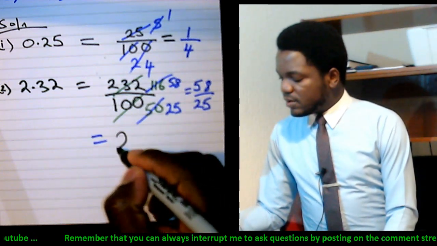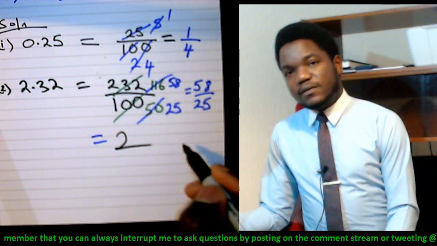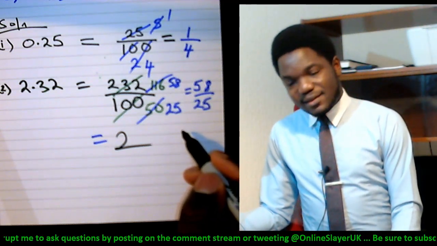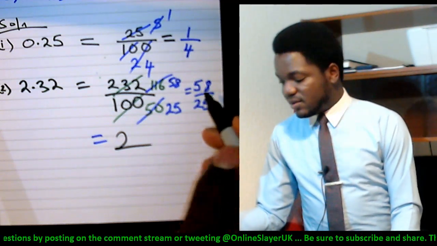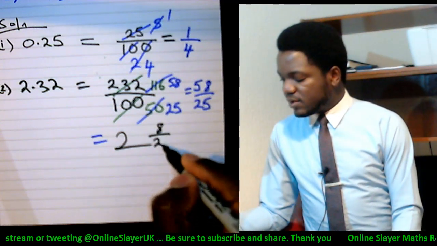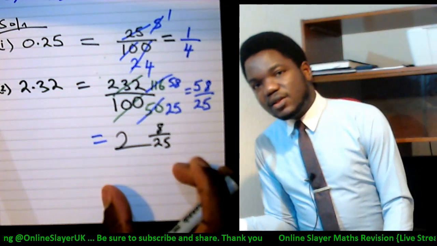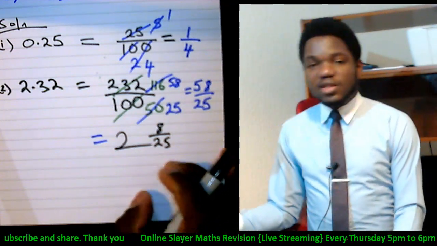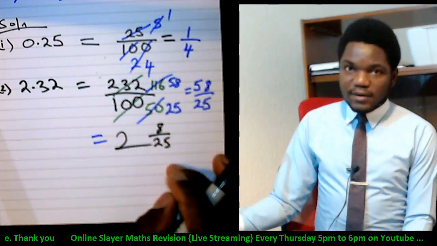So we have 2 25s, and that gives you a 50. You're left with 8 out of 58. So the remainder is 8. So you get 2 whole number 8 over 25, and that is your answer. It's crystal clear that this cannot be divided any further.